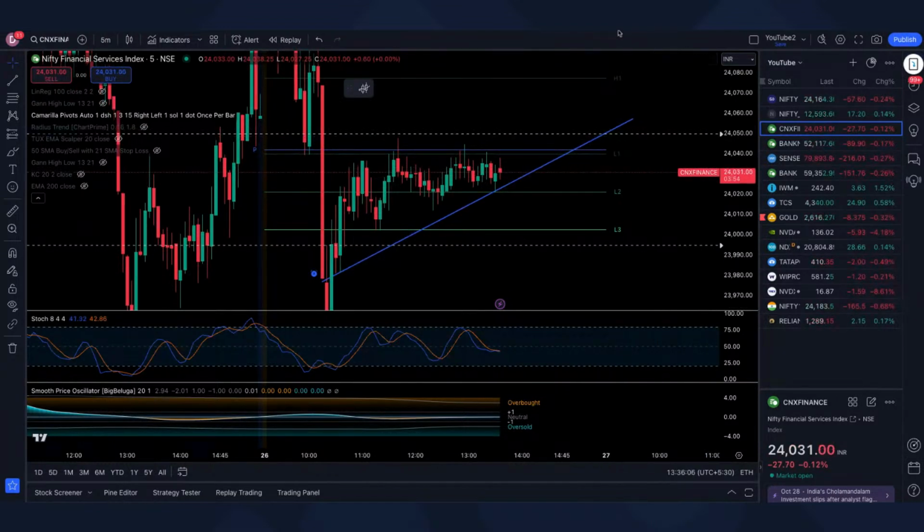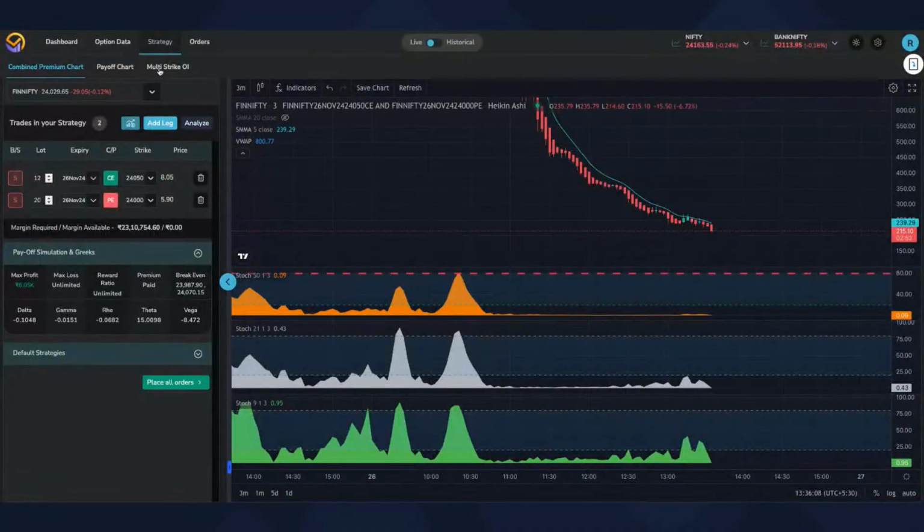Let me also look at what is happening with this. This is still green, which is good, at least for now. I'll come back to this one in a moment.